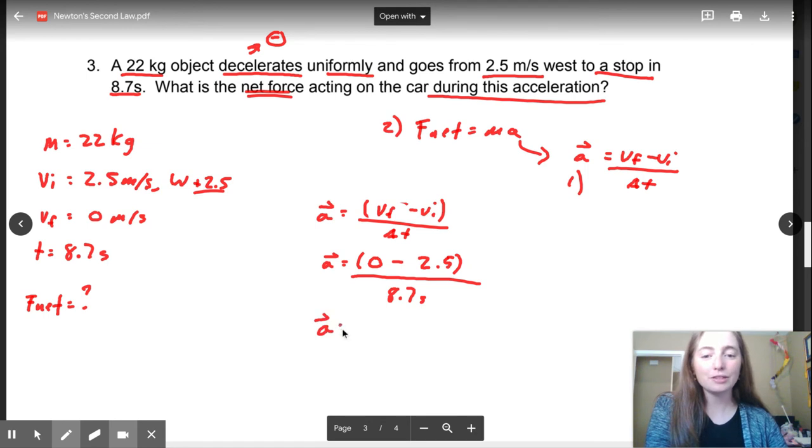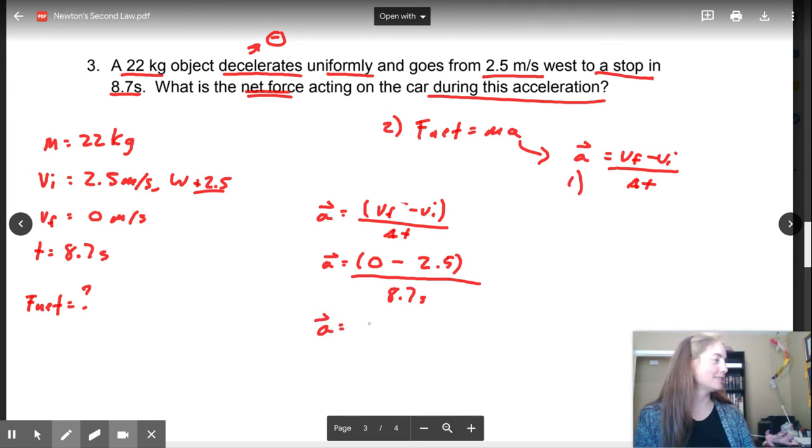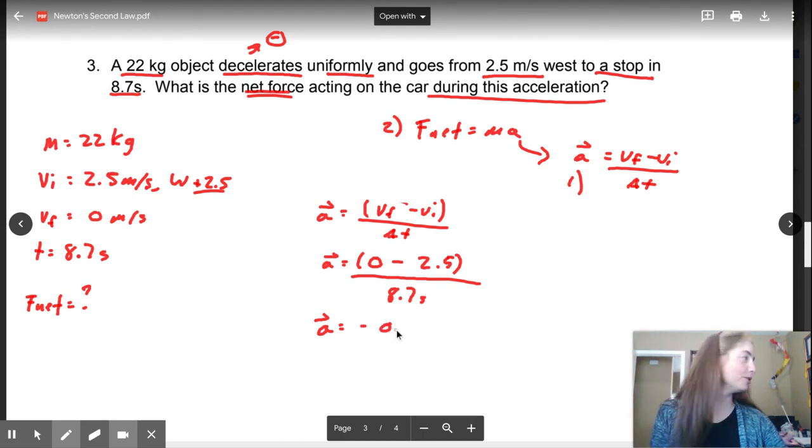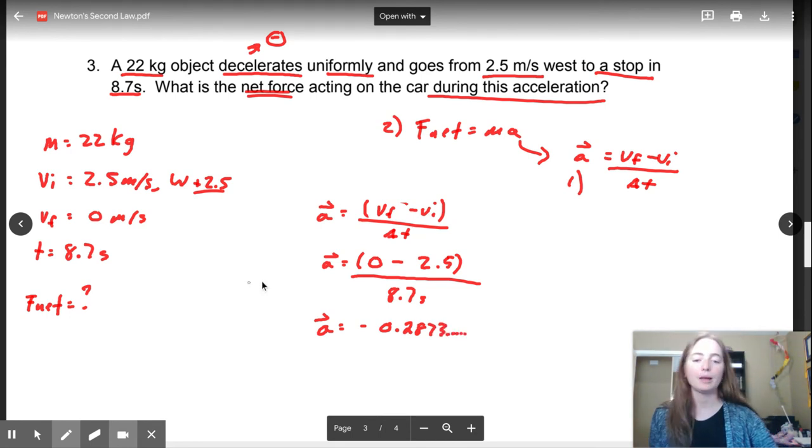That is going to give me an acceleration of negative 0.2873... meters per second squared. Now, I want this to be negative. Why do I want this negative? Because I'm slowing down. I want to have negative acceleration when an object is slowing down.